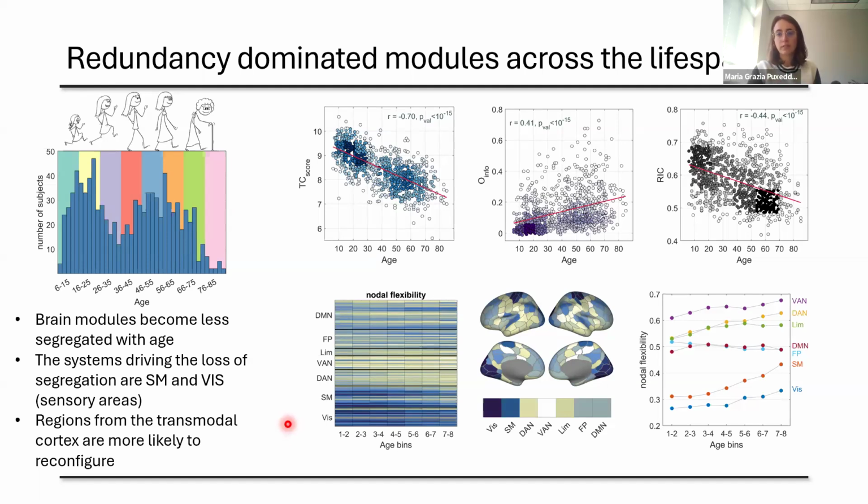So their node assignment does not change. The regions that change more community assignment are those located in the transmodal cortex, and specifically the attentional networks. So yes, this was the last result.